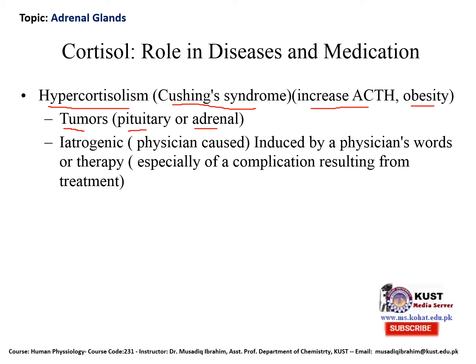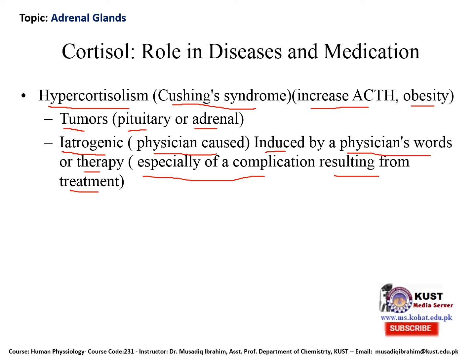There is another physiological condition which takes place as a result of hypercortisolism, which is known as iatrogenic, and this condition is physician caused. It is induced either by the physician's words or therapy, especially as a complication resulting from treatment.